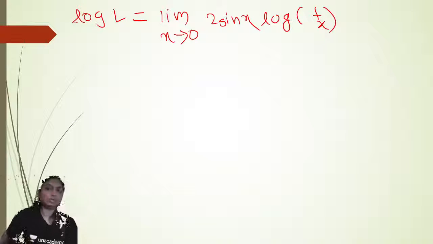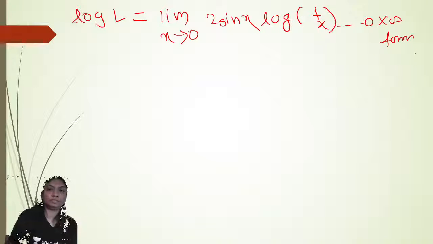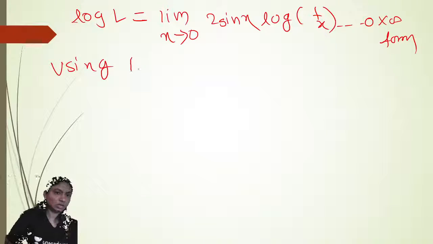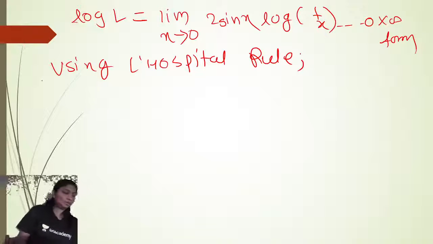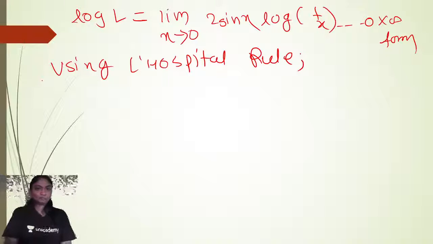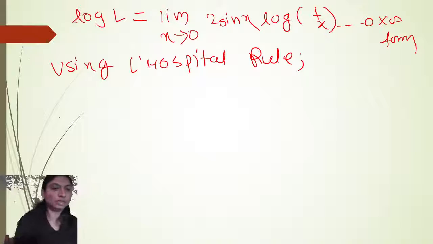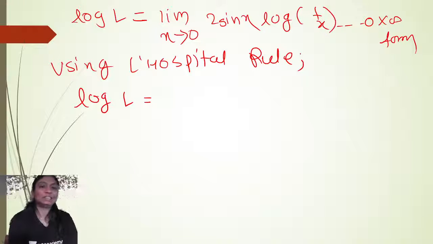Log infinity is infinity. So here 0 into infinity form. Right? So log L is equal to, now using L'Hospital rule, limit as x tends to 0.